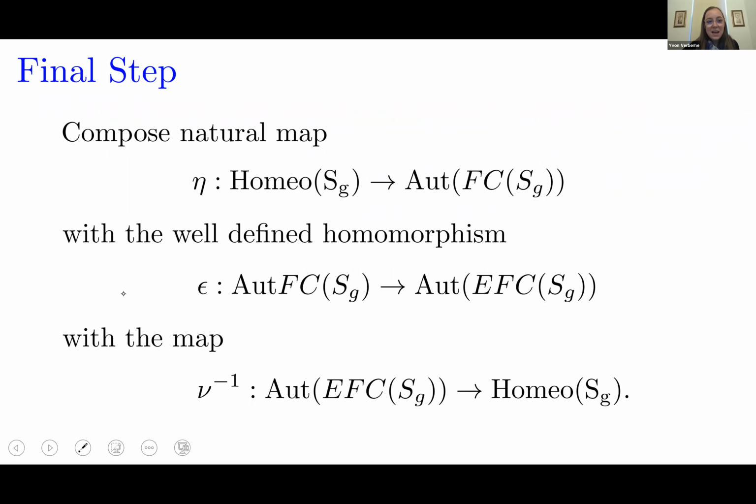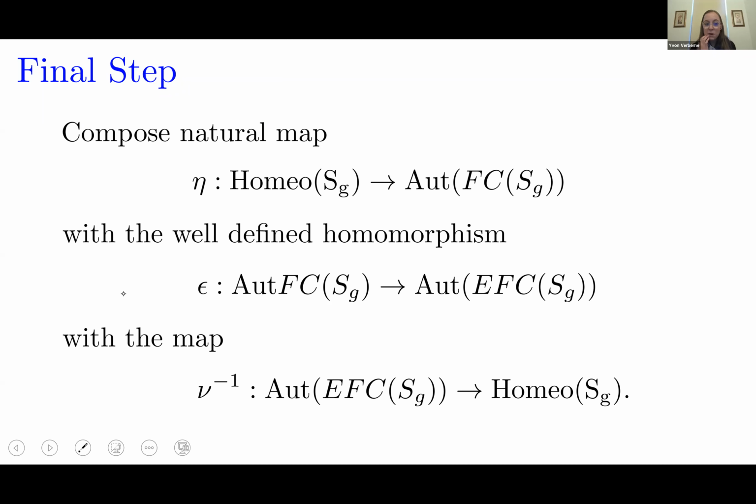So our final step has us compose our natural map, which was the map from the group of homeomorphisms of a surface to the automorphisms of the fine curve graph, with our well-defined homomorphism from the automorphisms of the fine curve graph to the automorphisms of the extended fine curve graph.